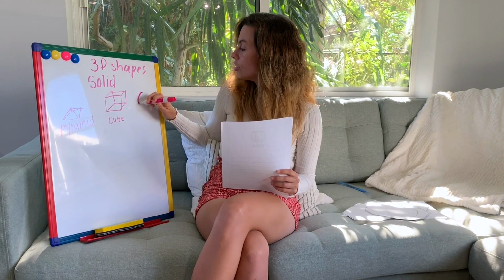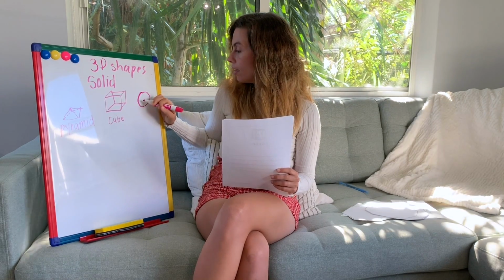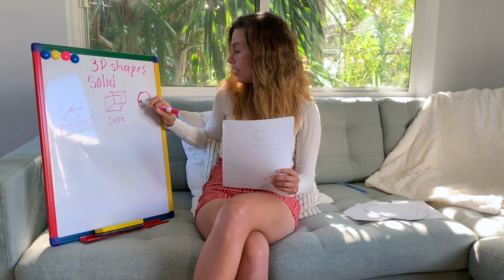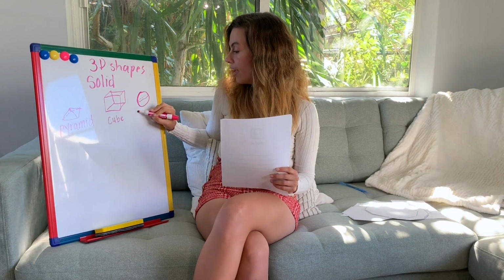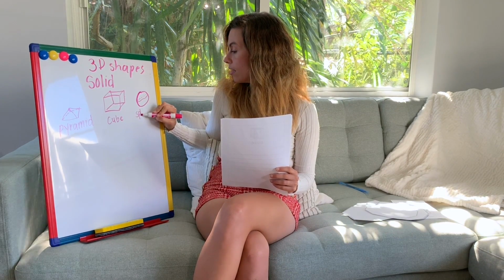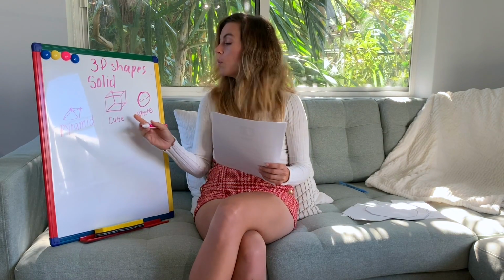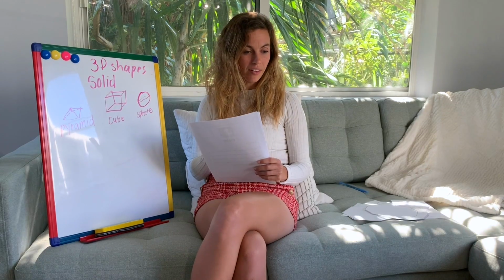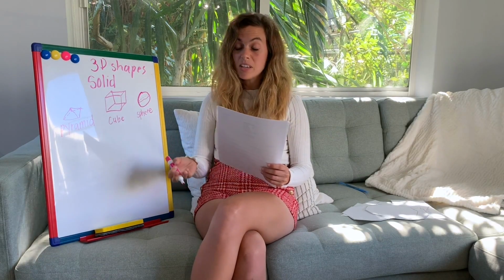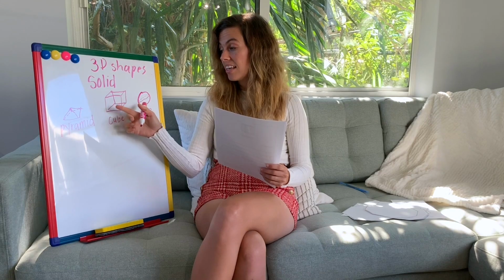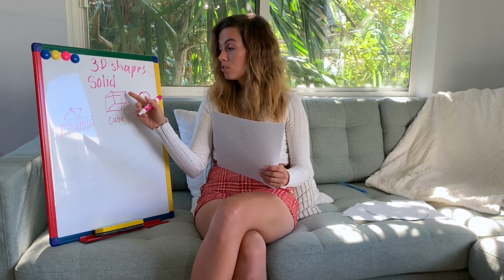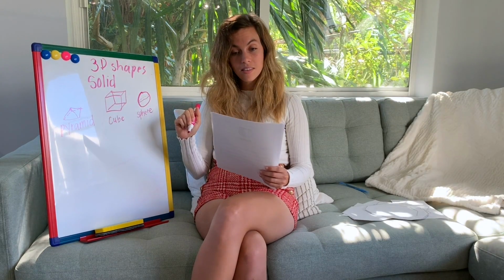Okay, our next shape, and I'll try to do this the best I can, is a sphere. You can roll a sphere. It doesn't have any faces like a pyramid or a cube. It also doesn't have any vertices.